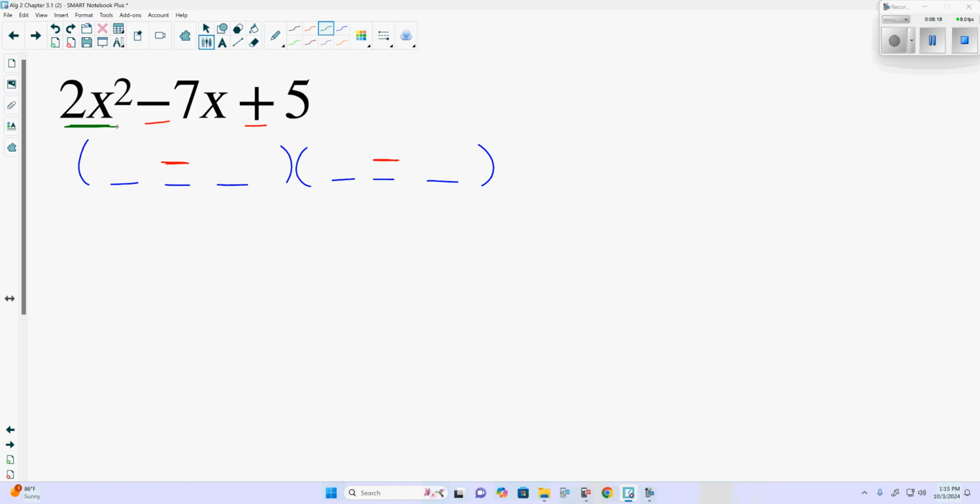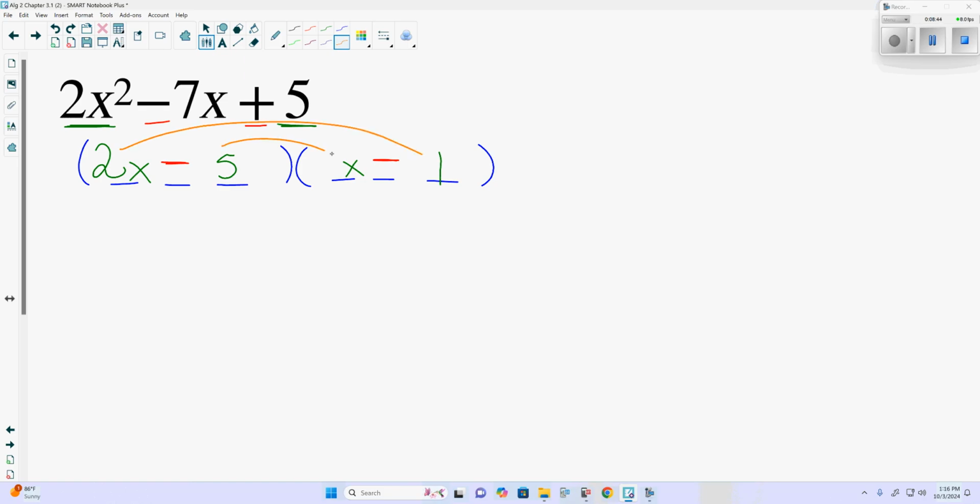2x squared, we need the factors. Well, factors of x squared are x and x. Factors of 2, 1 and 2. So we can just plug the 2 in one of the two spots. Factors of 5, 1 and 5. Do we want to put the 1 or the 5 next to the 2? 5, 1.